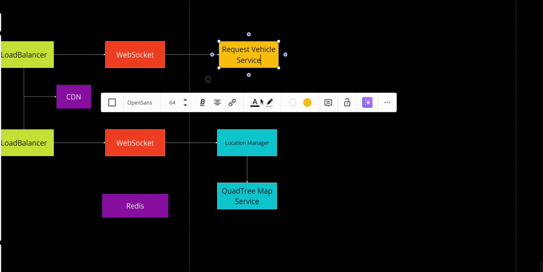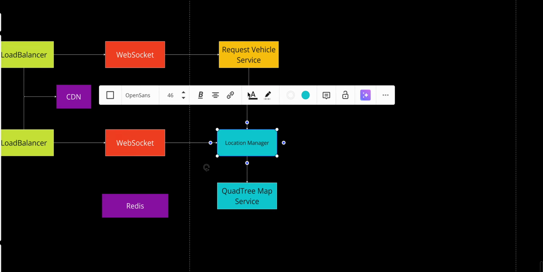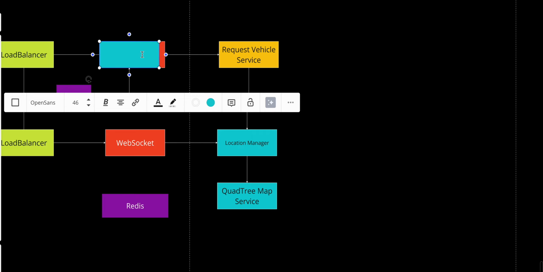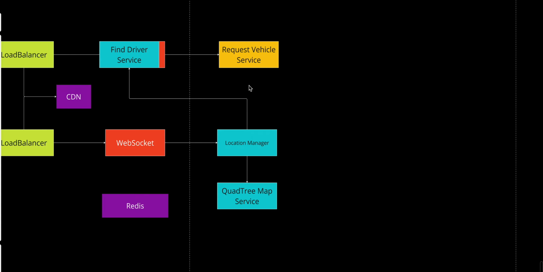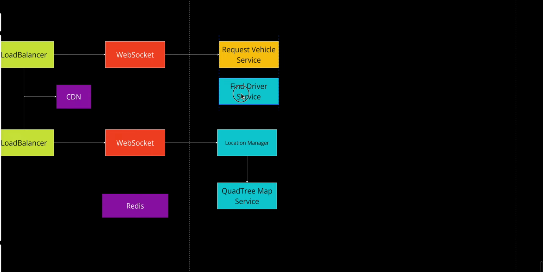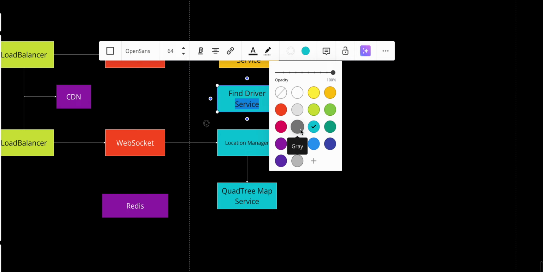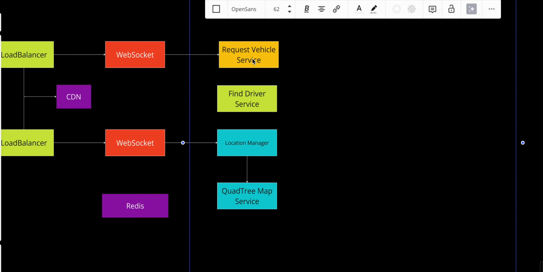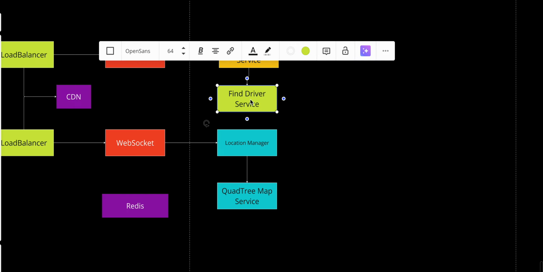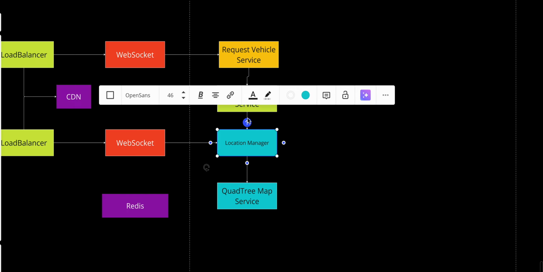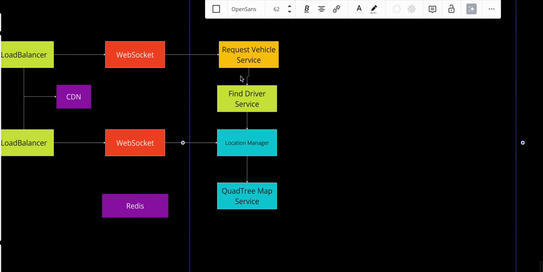And between them, we have a find driver service. Let's make it bigger and give it a different color. Let's give it greenish. So the find driver service will be connected with both, in between.